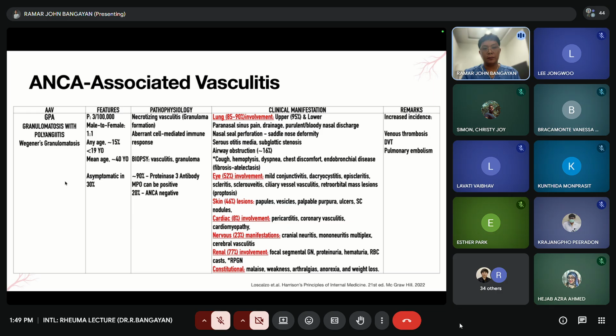Now, what's important in GPA is that it has 85 to 90% involvement of your lungs, especially your upper respiratory tract. Okay? So what are the symptoms or signs for the upper respiratory tract? There is nasal perforation, you have saddle nose deformity. Later, I'll show you a picture. Sometimes there is chronic sinus pain.